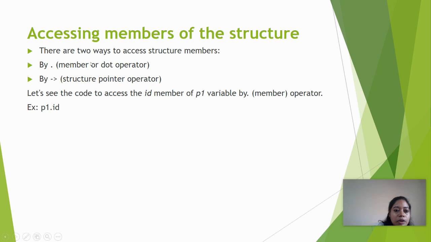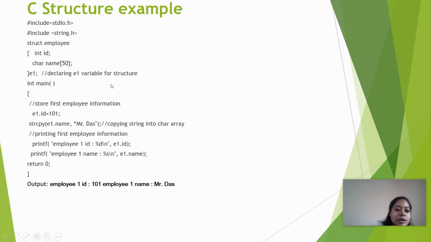So how can I do it? Using the dot or member operator, we can access the member. So here, this is the variable name. So e1.id is equal to, we can assign some value for his ID. Then using string copy, I'm copying the name. So here you have declared the string variable for taking the name from the user.